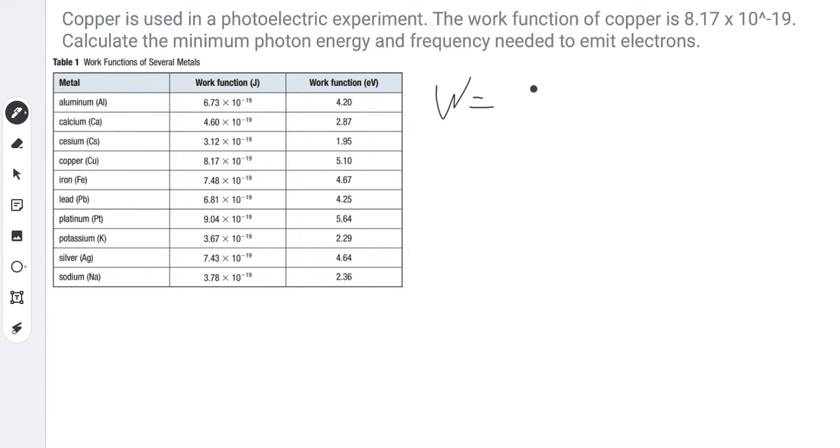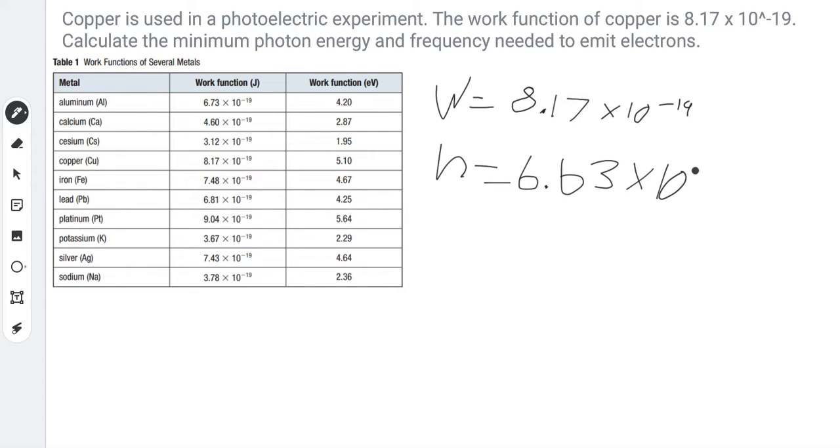So we know the work function from the graph, which for copper is 8.17 times 10 to the power of negative 19. And we know the value of Planck's constant, which is 6.63 times 10 to the power of negative 34 joule seconds.